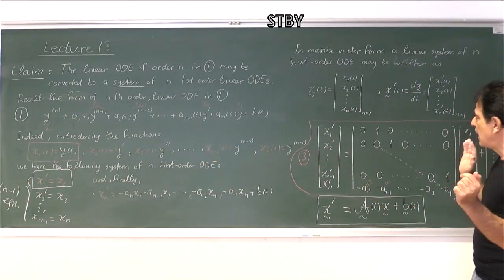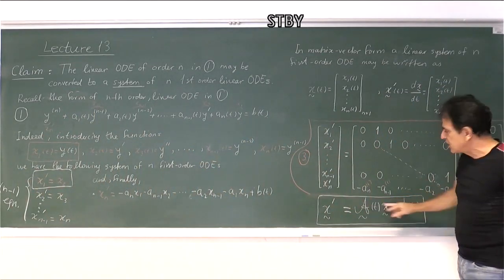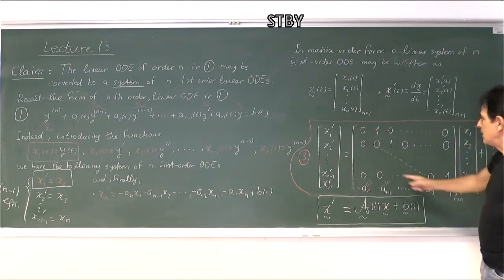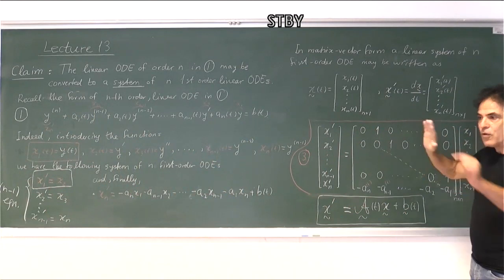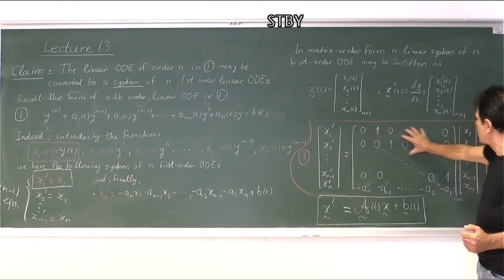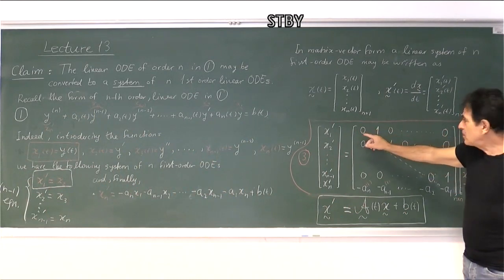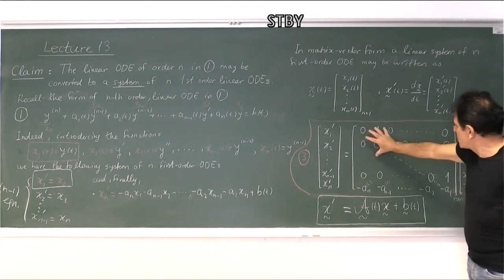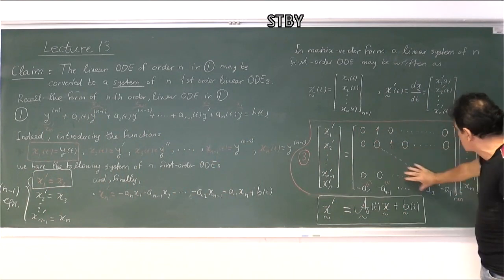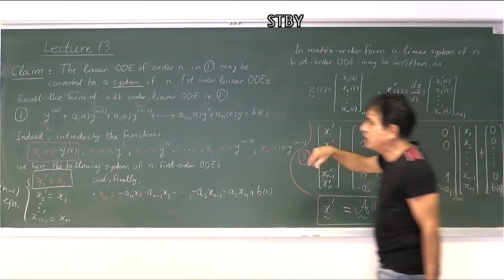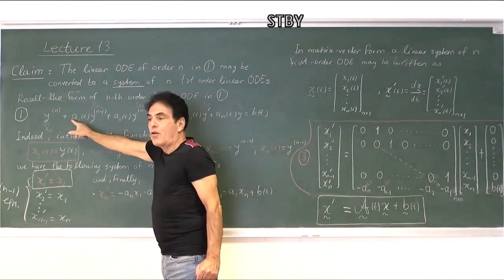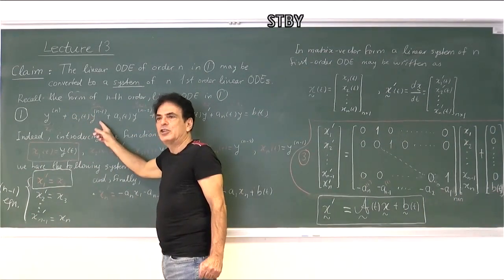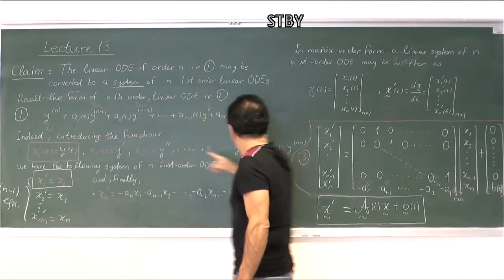I'm repeating once again: in general, each entry of the coefficient matrix may be a function of t, but this is a specific structure which corresponds to a single linear equation of order n.